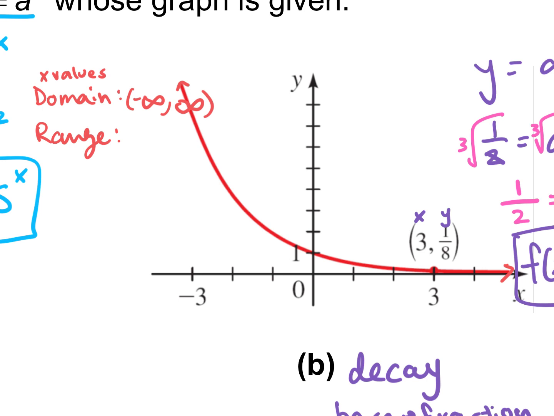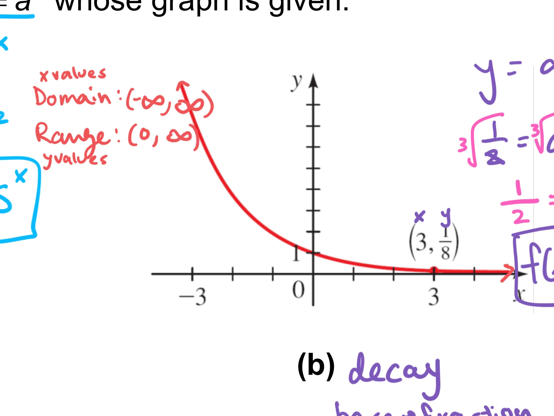Now our range is the y values. So we start at the bottom and go to the top. So what do you think our range is? Our graph is going to get really, really close to 0, but it never touches. So we would say parentheses 0. And then where does our graph go to? Infinity.